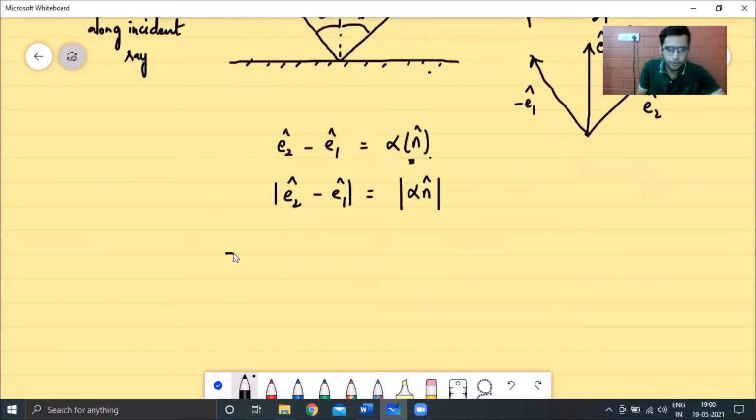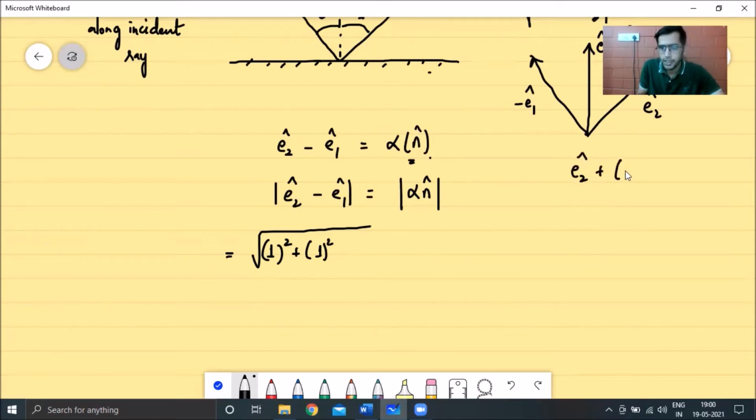From the formula root of a square plus b square minus 2ab cos theta, this value will turn out to be under root of 1 square, since it's a unit vector, plus 1 square, since this is also a unit vector, plus, now E2 cap minus E1 cap is nothing but the addition of E2 cap with minus E1 cap, right? And the angle between E2 cap and minus E1 cap is 2 theta.